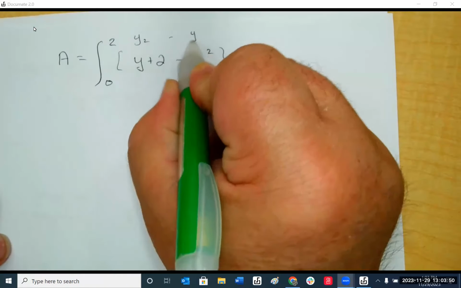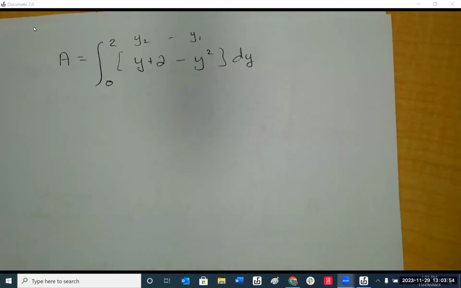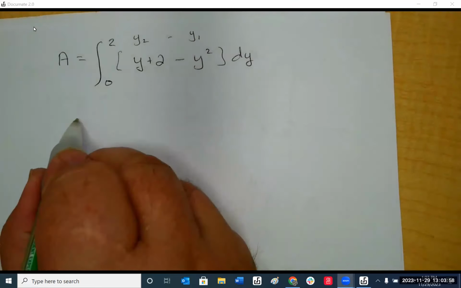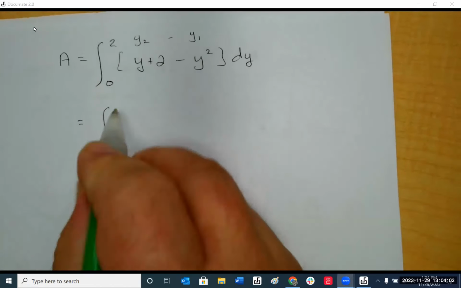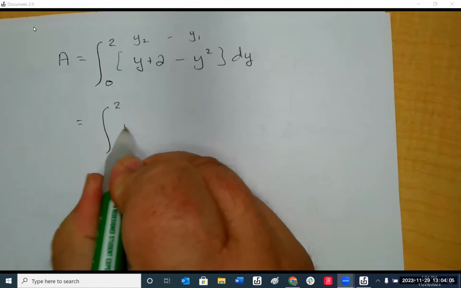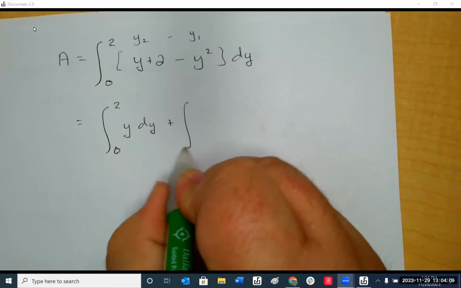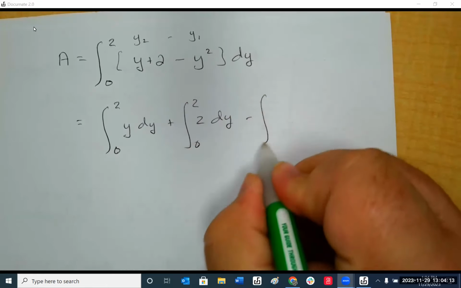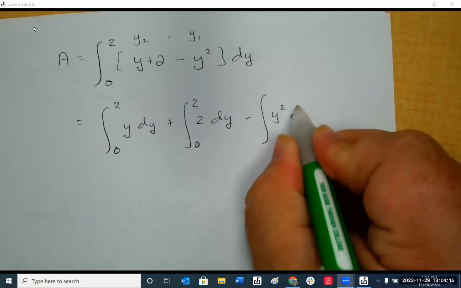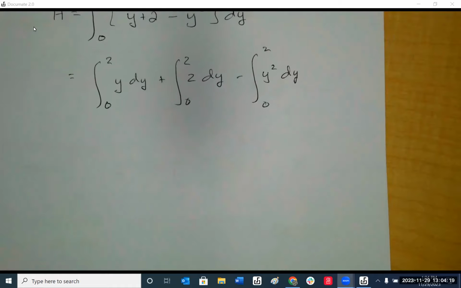That's y sub 2 minus y sub 1. With all of these, we could just break it up and take it with that bound.